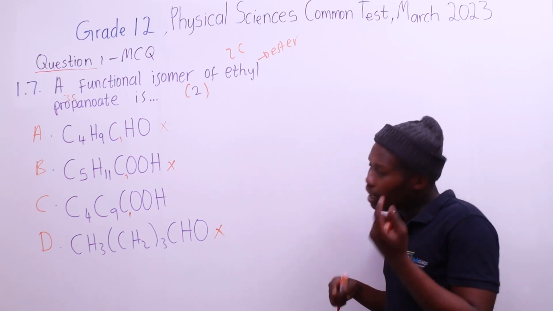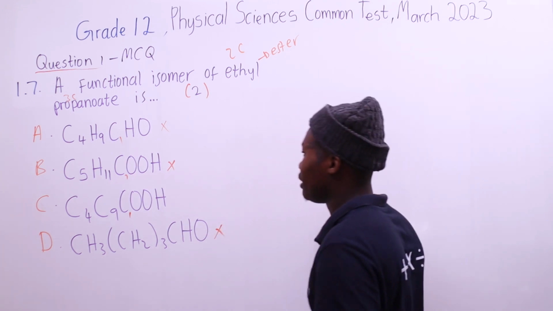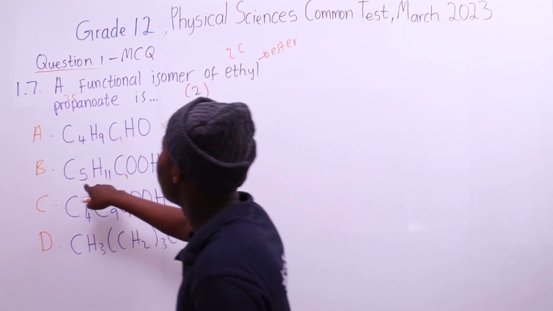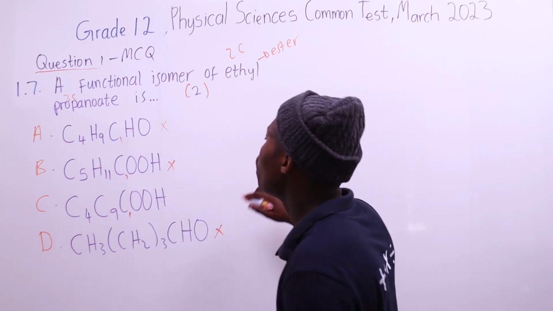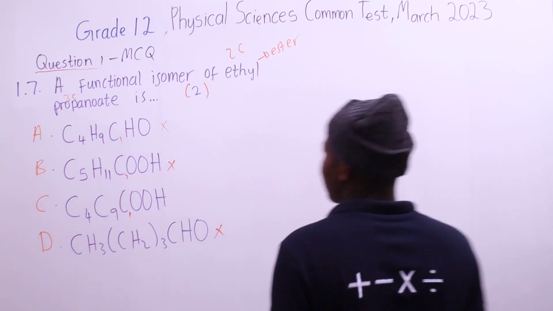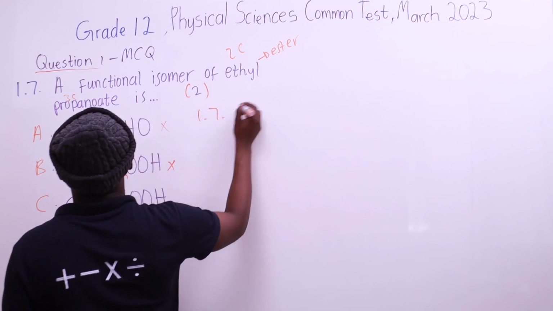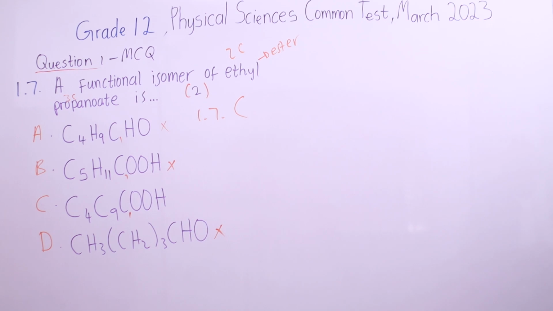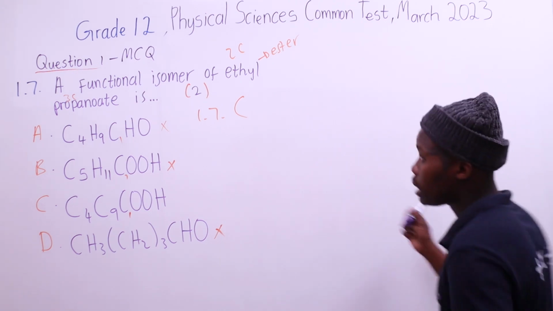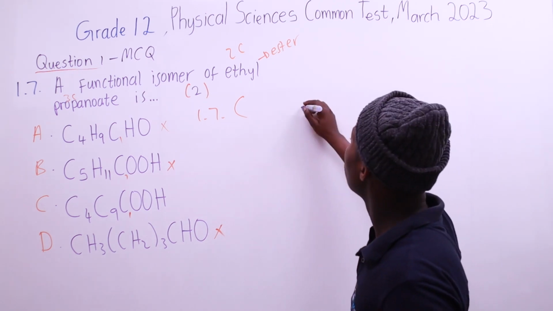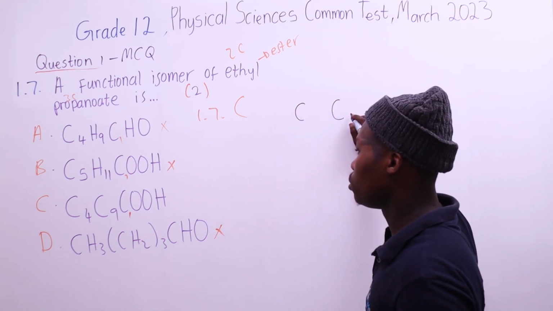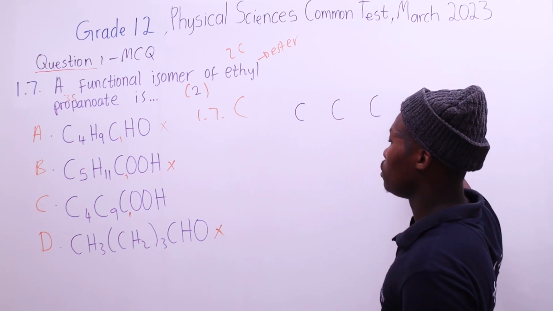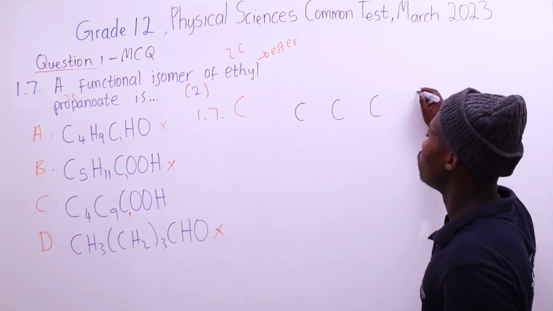The carboxylic acid is C5H11, so how many carbons? We already know the answer for 1.7 is C. But we like drawing our structures. So 1, 2, 3, 4.